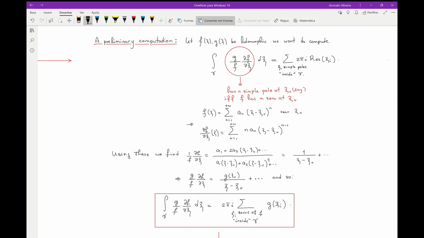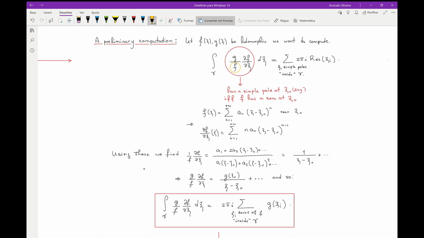By the residue theorem, this will be the sum over chi i's, which are the simple poles inside gamma, of this function here inside the red thing, and then the residue at that pole. Okay? But you can see that this function here has singularities only at the points where f vanishes. So at the points where it is singular, f should vanish.